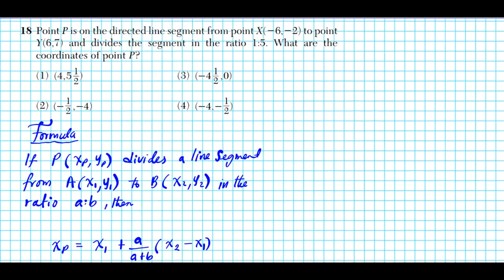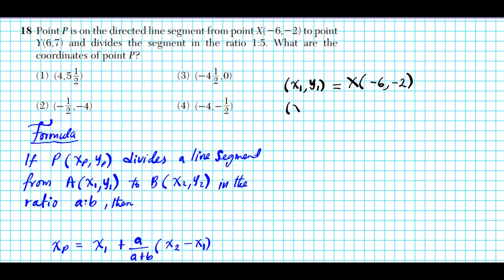Okay, so let's apply this formula to this problem. So we have the first point, x1, y1, we're going from x to y. Okay, so x1, y1, let's call it the first point, is going to be point x, which is -6, -2.